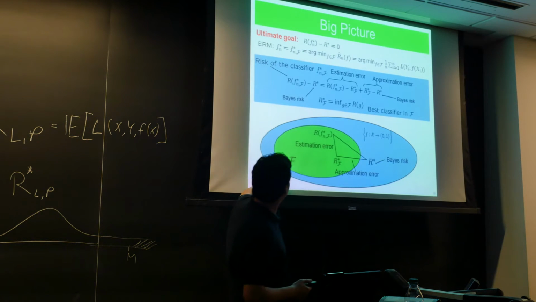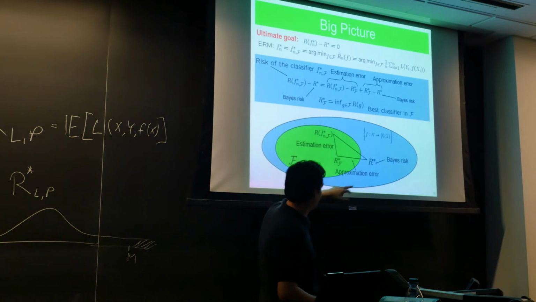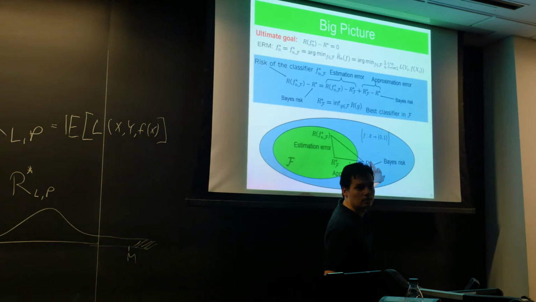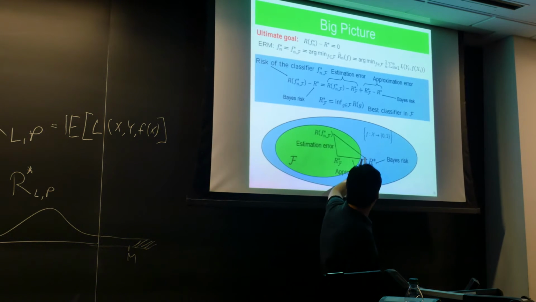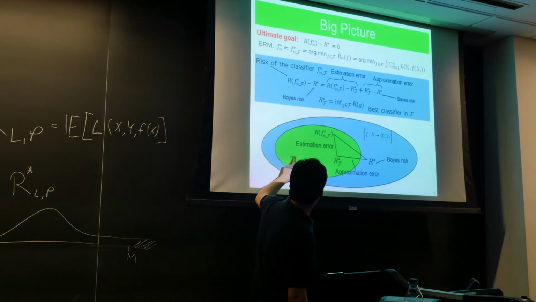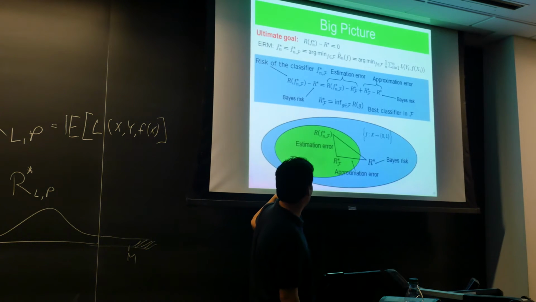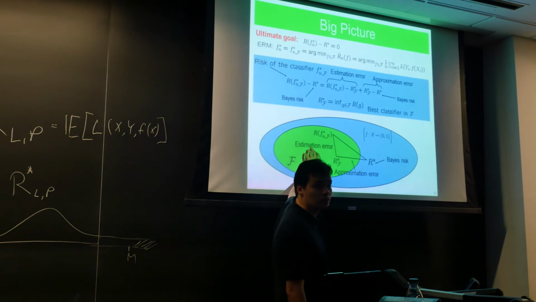On this area, if I minimize the risk, then that would be the base risk R star. I also define a function set F, that's here. And I can talk about the risk of those functions that are in this set.